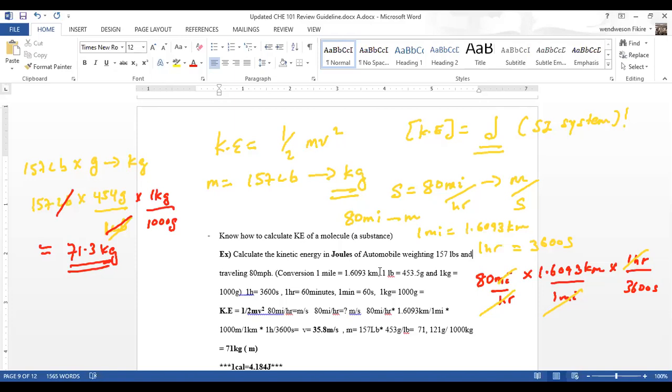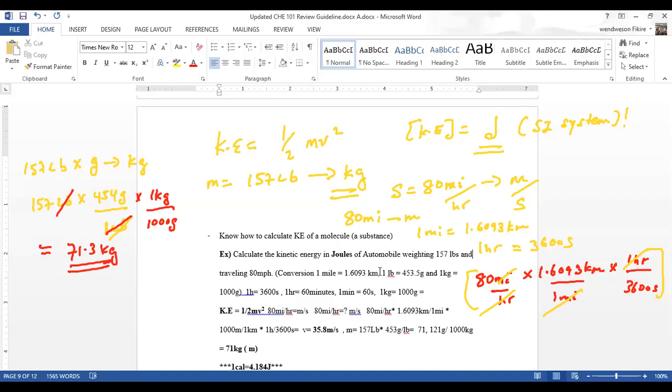If you change 80 miles per hour to kilometers per second, this is how the conversion factor works. So 80 times 1.6093. Wait a minute. 80 times 1.6093, so that gives me 10,299.50 divided by 3,600.